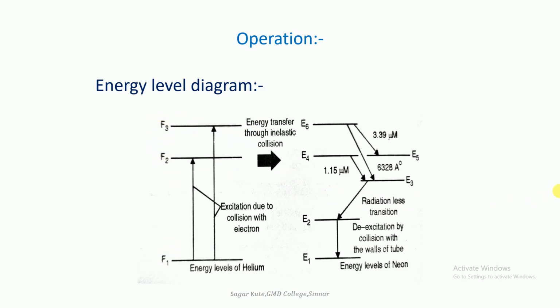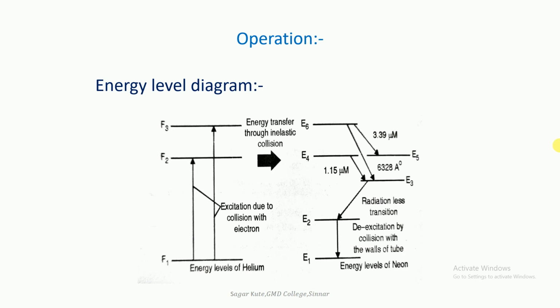The neon energy levels E4 and E6 are close to the excited energy levels F2 and F3 of helium, that is this one, E4 and E6 are nearly equal to F2 and F3.